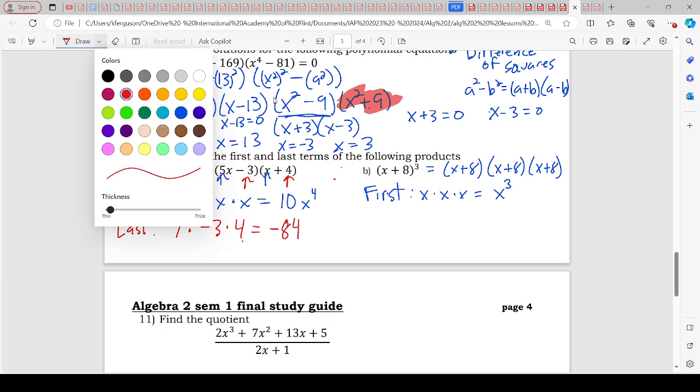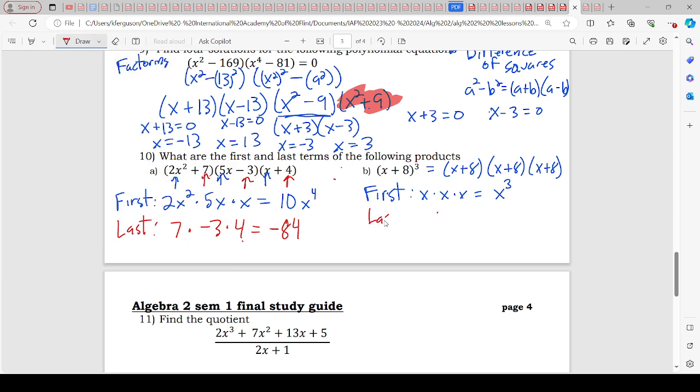And then we got the last term. That's 8 times 8 times 8. Well, we know 8 times 8 is 64. So we just take 64, multiply times 8. So that's 2 with a 3. That's 48, 49, 50, 51. So that's 512.